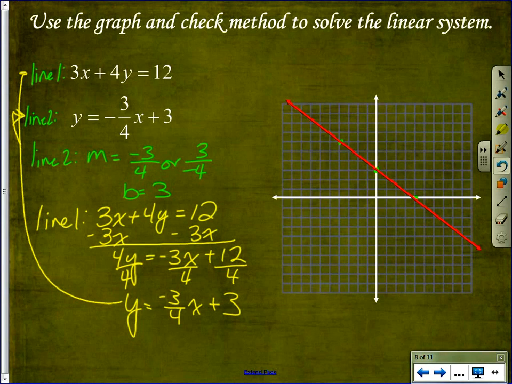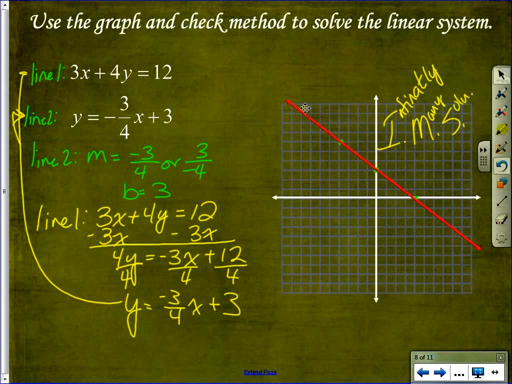So how many solutions do I have? Infinite. Infinitely many solutions.